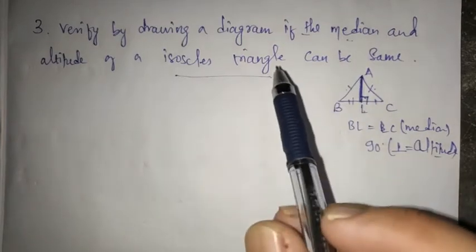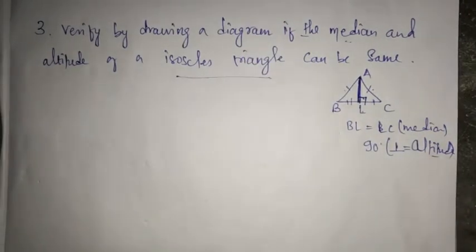So you have to verify by drawing a diagram if the median and the altitude of an isosceles triangle can be the same.